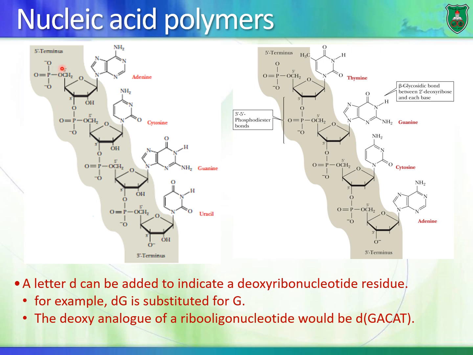So if I ask you what is the order of bases of this RNA molecule, you have to say it is adenine, cytosine, guanine, uracil. Or you can say it's A, C, G, U. Use the abbreviations. You never ever say it is U, G, C, A. You have to start with the 5' end all the time.